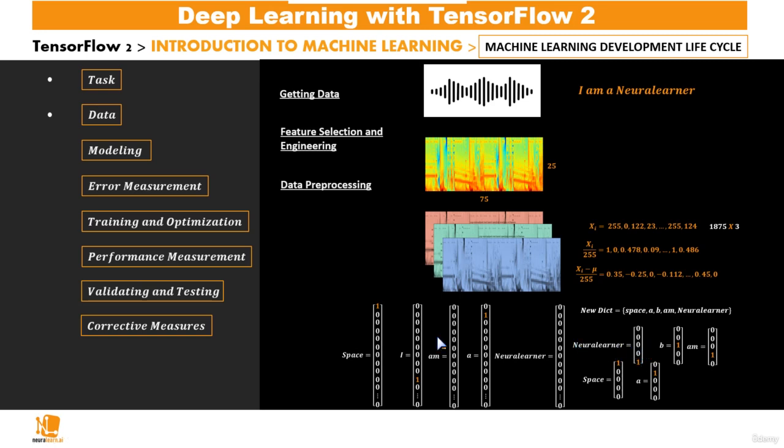Another important point to take note of is that when working with deep learning algorithms, we tend to do less feature engineering. Say we're working with some other kind of algorithms, we wouldn't be using only this image to predict whether the sentence I am a neural learner was made.